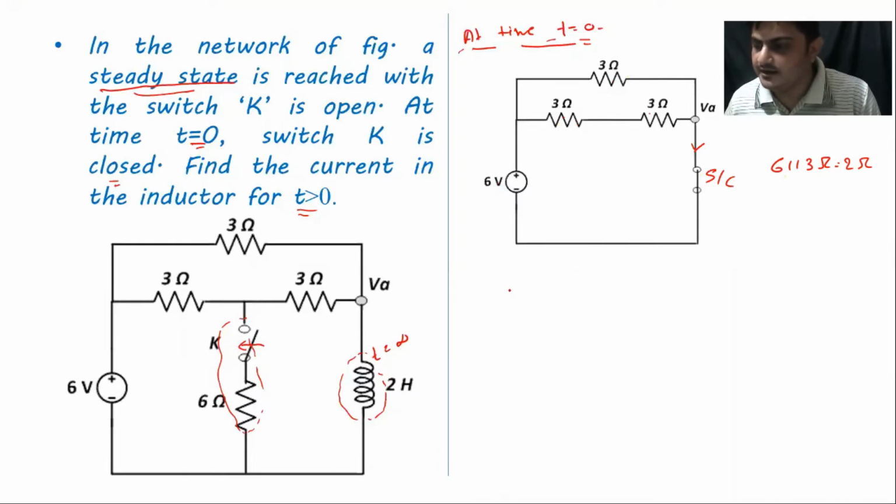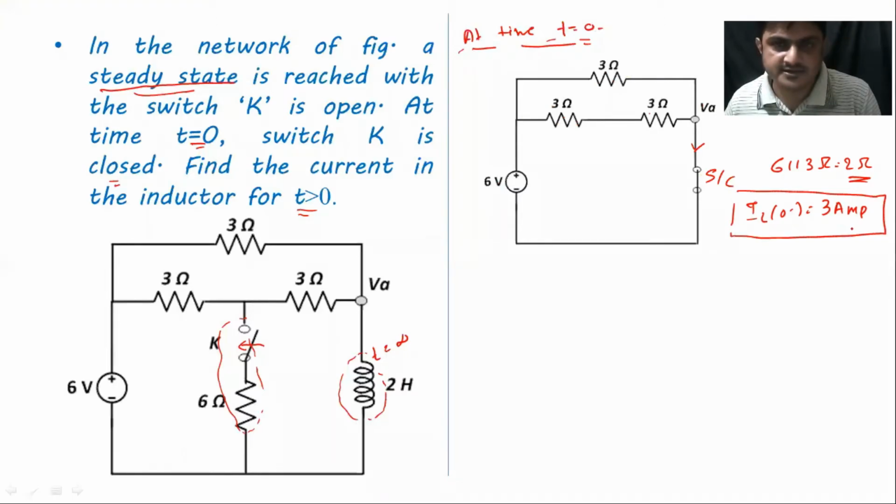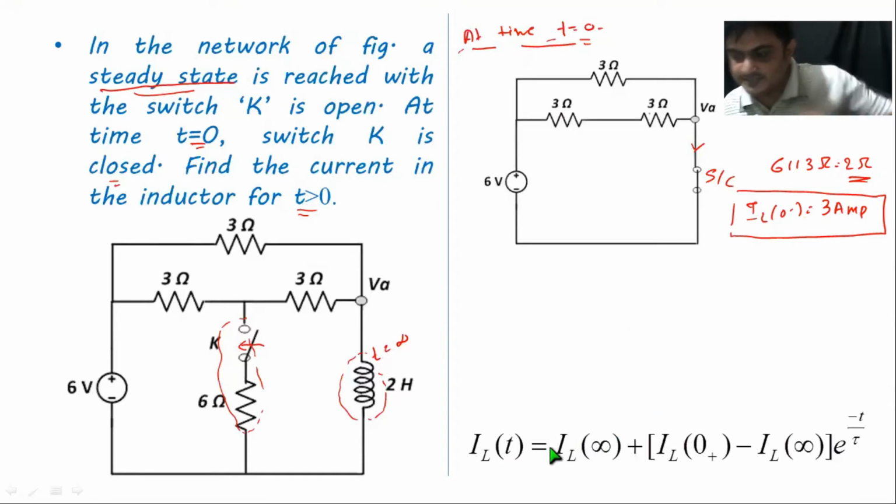So IL(0 minus) is equal to 6 volt divided by the equivalent resistance of 2 ohm, so 6 divided by 2, that is equal to 3 ampere. Now if we remember our target equation, this is my equation.